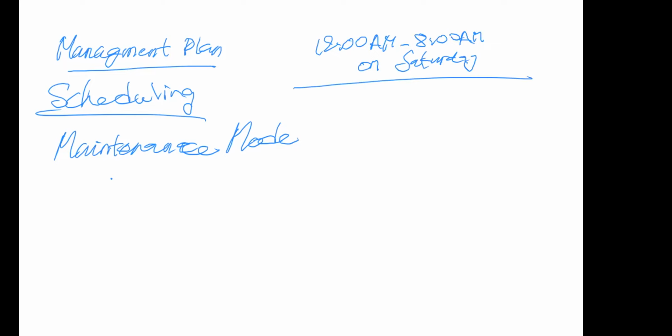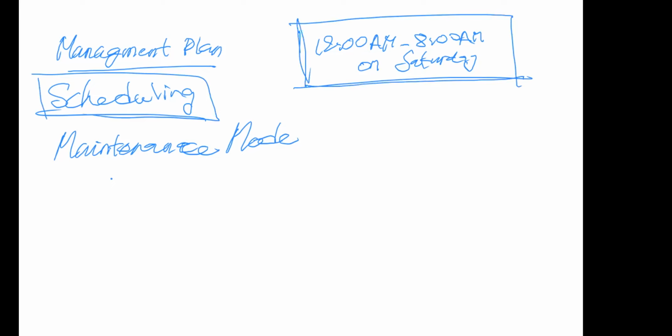When you plan these schedules, this is very important. You have to define the time of the day when you will make this downtime. Believe it or not, gentlemen, for myself as Usama, I don't know that my network is down from 12 to 8 a.m. on Saturday, because I am sleeping.